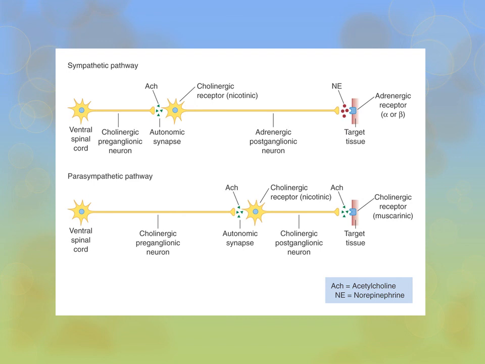So if we get to the target tissue, and it's the eye, what does the norepinephrine do at this point? You can see where the acetylcholine comes in farther up the line with the sympathetic nervous system. What we're interested in is this target tissue, and that's where the norepinephrine is going to play its role.